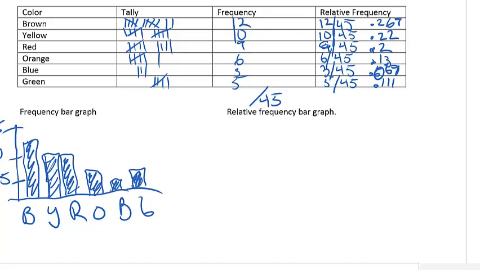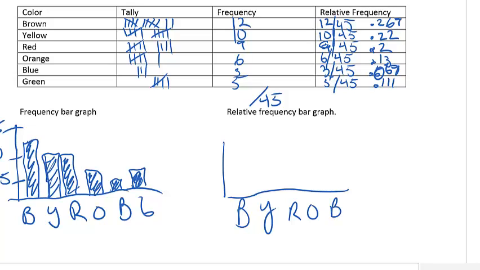Relative frequency is kind of similar to frequency in that for the bottom part, we keep the same labels. So brown, yellow, red, orange, blue, and green. I'll add an extra letter here just so we're not confused by this.